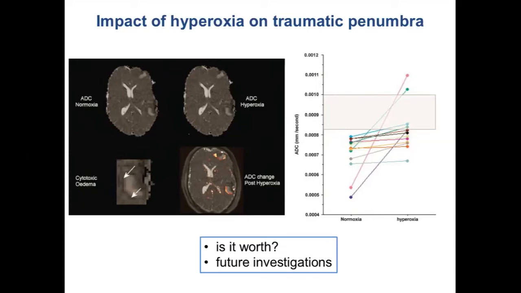My thinking is, is it worth it, in order to save a little part of the brain that may die anyway, to give hyperoxia for hours or for days, because hyperoxia also has contraindications. So I do not have an answer, but this is something to think of, because pathophysiology becomes clearer and clearer over time.